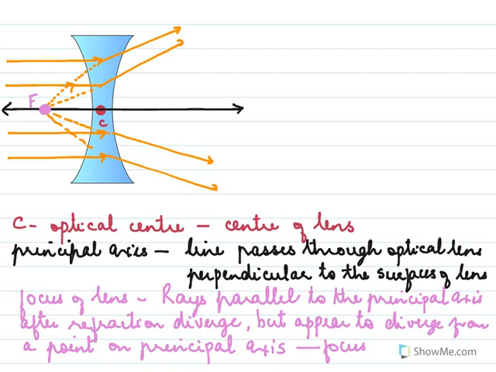Now to find the focal length. The focal length, again, the definition is the same. It is the distance between the focus and the optical center. So this distance.